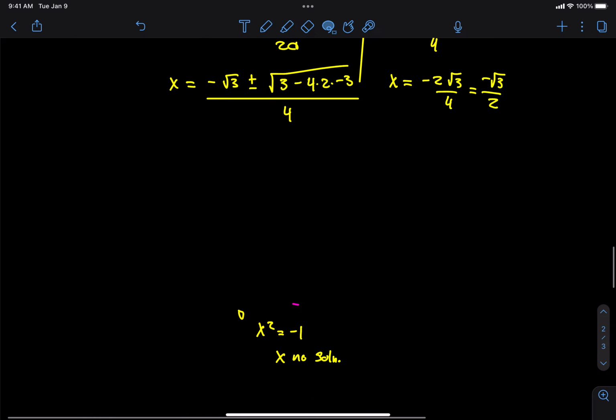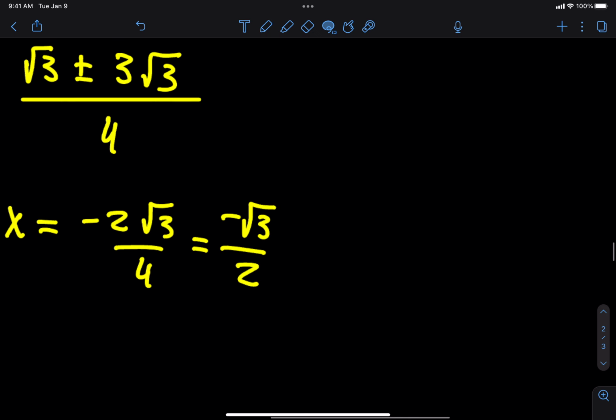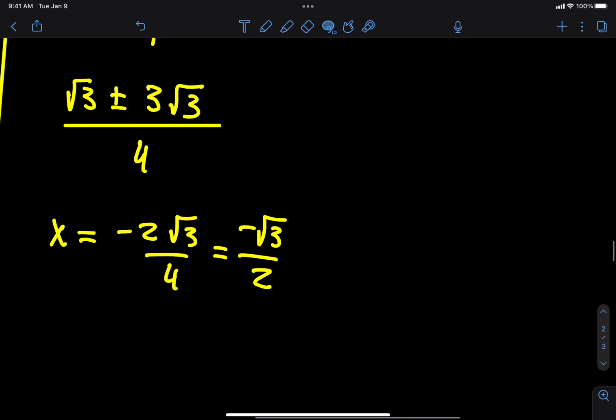What's the other solution going to be? That was what I get when I subtract 3 square root 3. What's the other solution going to be? So we take square root of 3, and this time we're going to add 3 square root of 3.